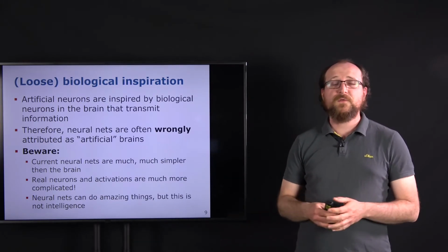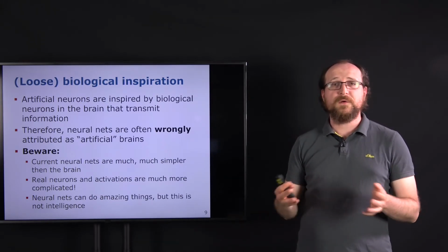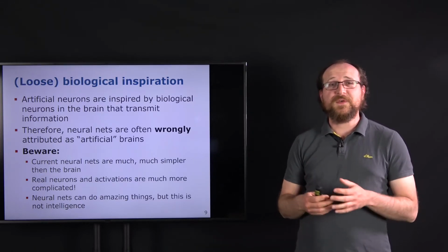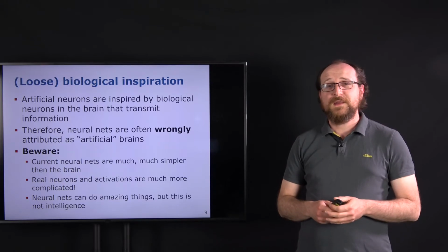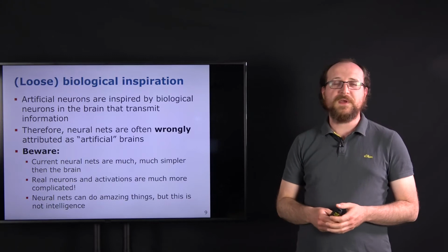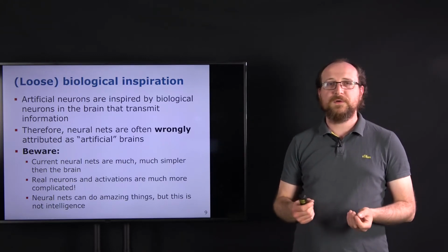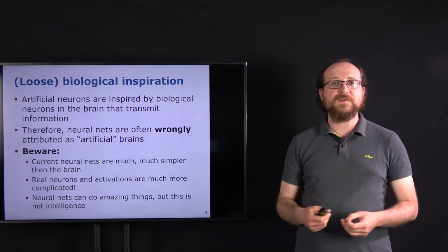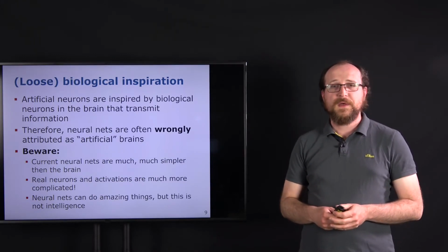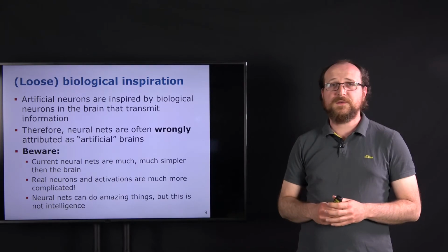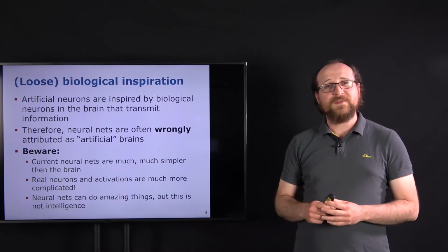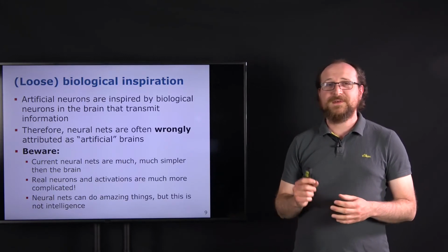They have nothing to do with the amount of compute, so to say, that happens in the brain, and also the specifics that happen in the brain. A real neuron and the activation of a neuron are much, much more complicated. There's not just some activation function in between, but there are a lot of processes happening. I'm not a neuroscientist and also not a biologist, so I cannot tell you exactly what is happening there or what the difference is, but be aware of this.